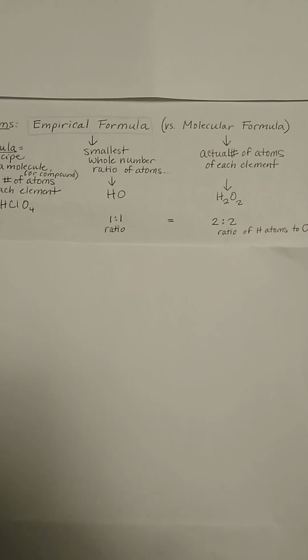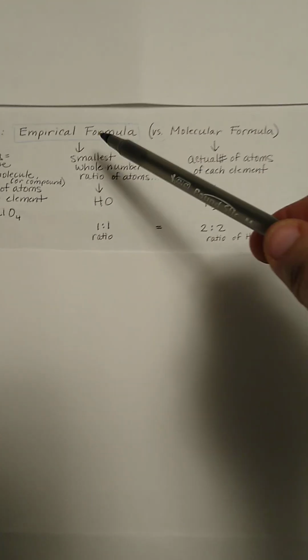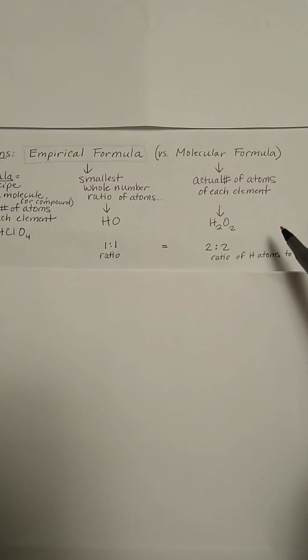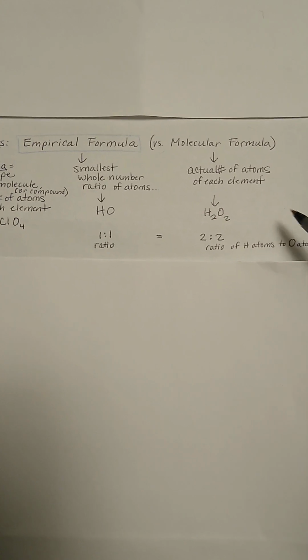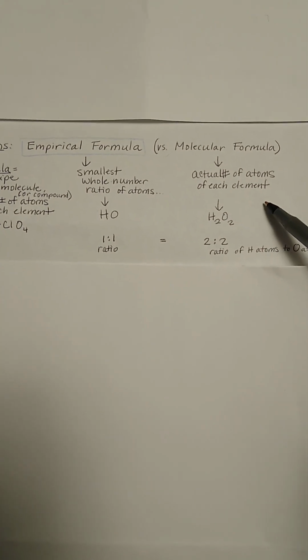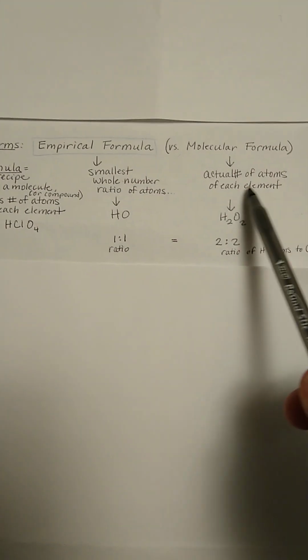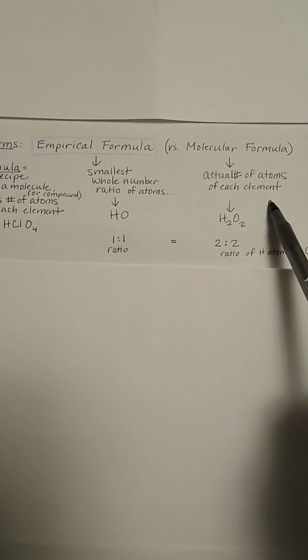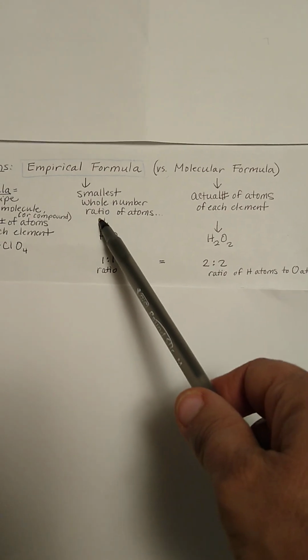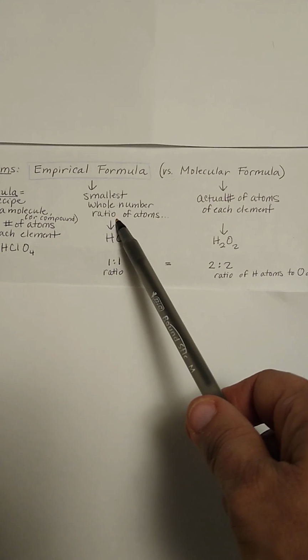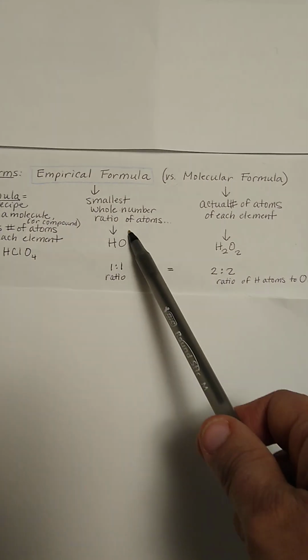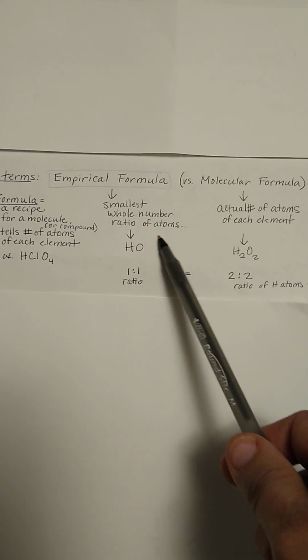So to compare a molecular formula with an empirical formula, again, for the molecular formula, it is the actual number of atoms of each element. The empirical formula would be the same thing but reduced to the smallest whole number ratio of atoms. And here's a good example.